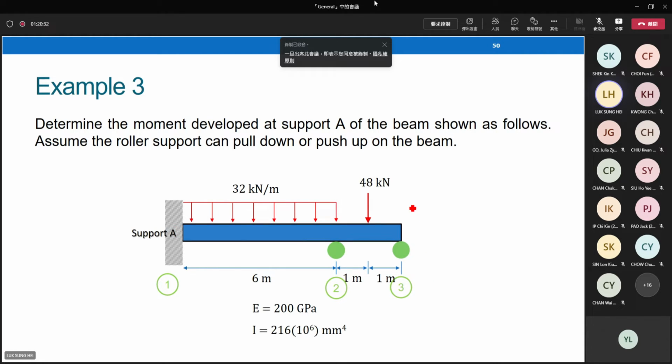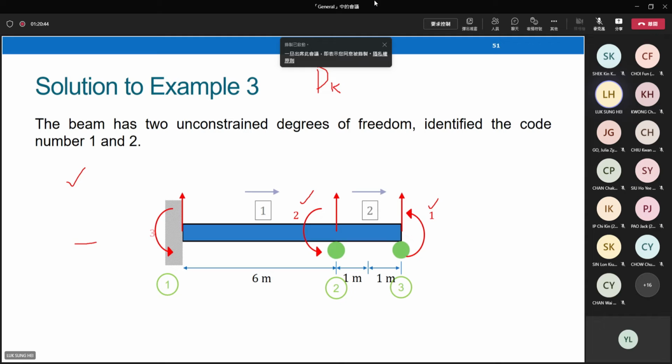On the pictures, you cannot see any applied moment. There is no applied moment at these two positions. That's why, following our notation, Qk becomes 0, 0, corresponding to node 2 and node 3, direction 1 and direction 2.